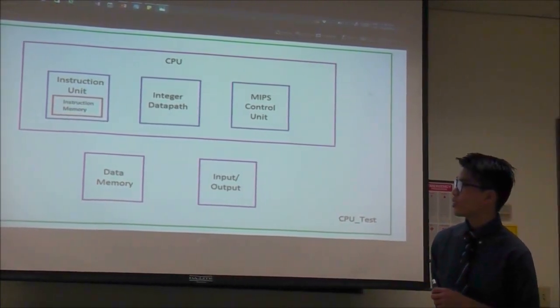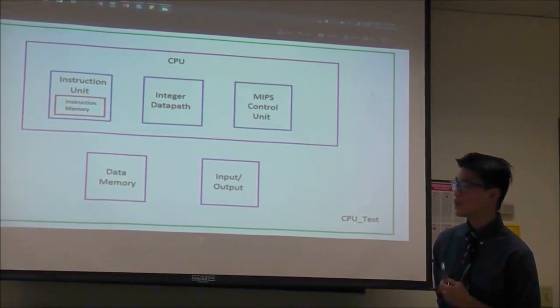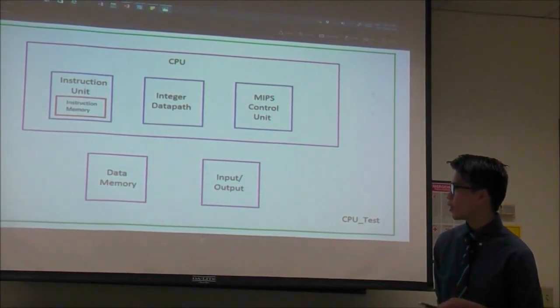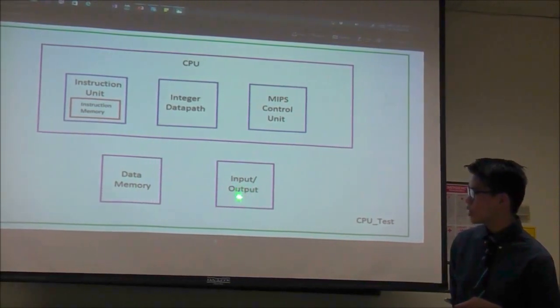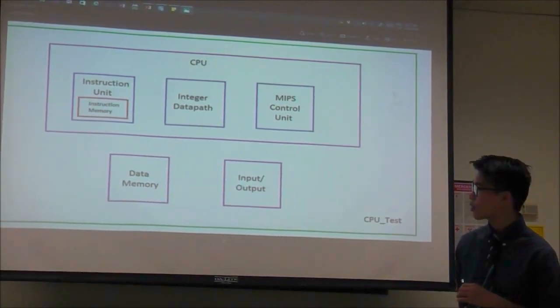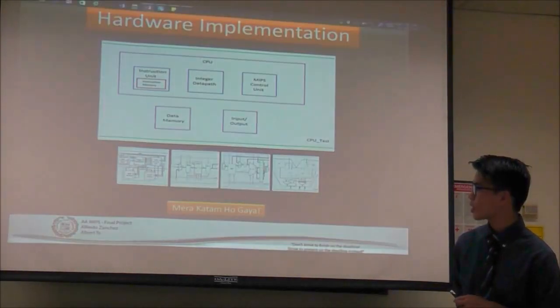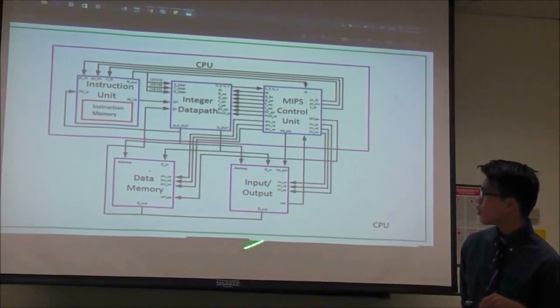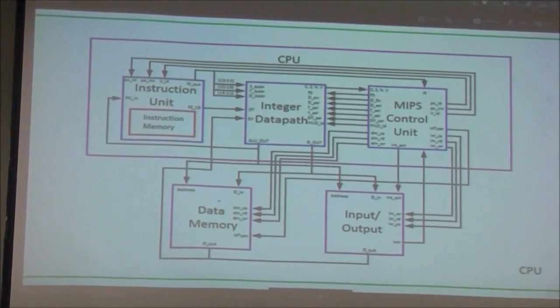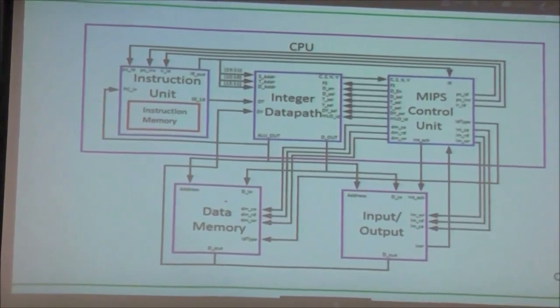Using the Harvard architecture, our data memory, or our input-output memory as well, is separate from our instruction unit, or instruction memory. And this is the overall flow of how each module connects to each other.